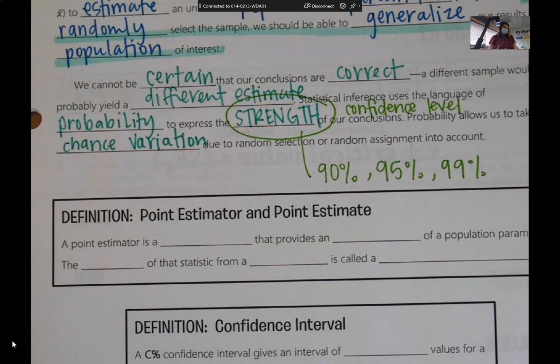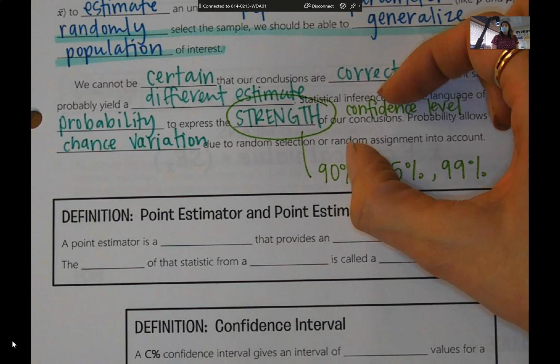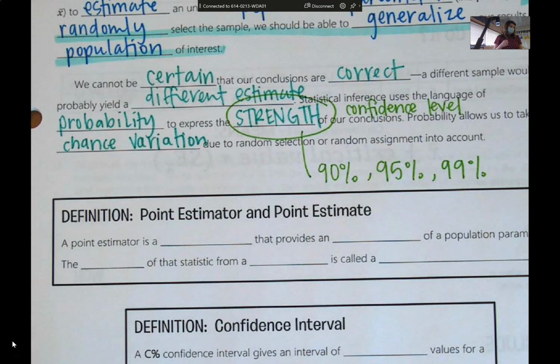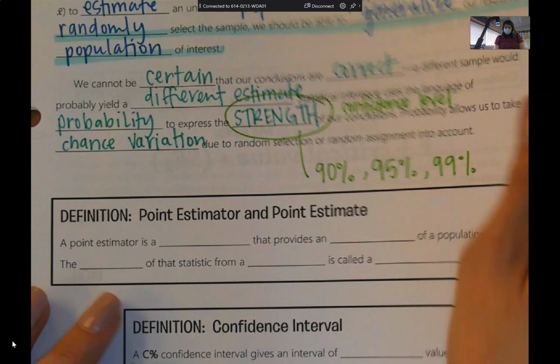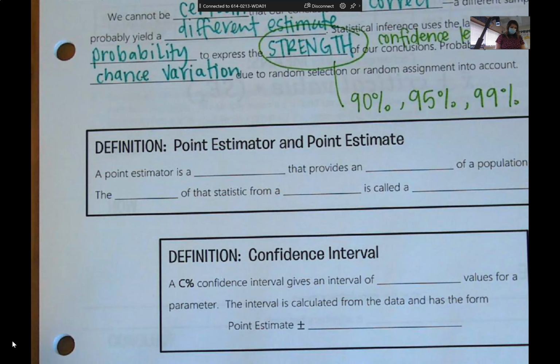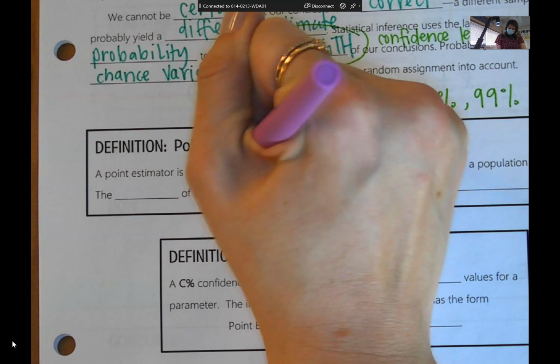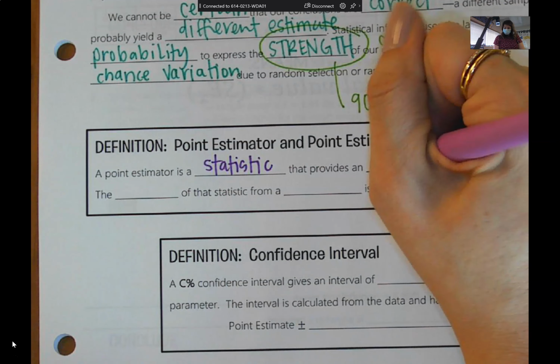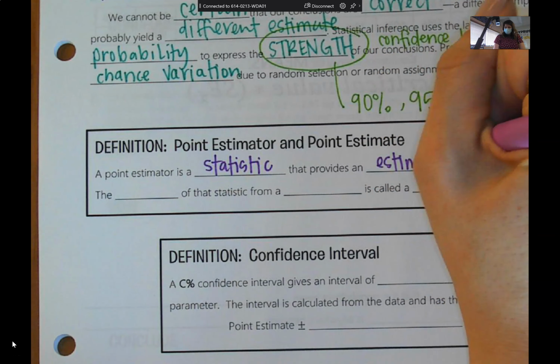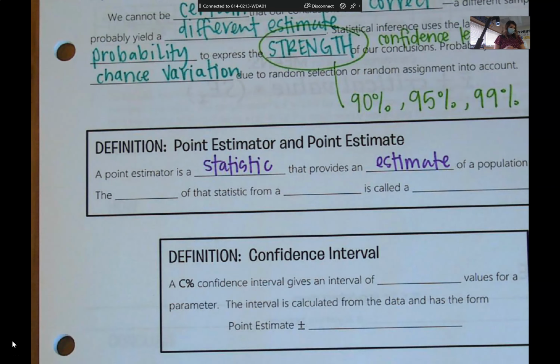In order to calculate a confidence interval, to start expressing the strength of our estimate, we need a couple of new vocabulary words. The first one is point estimate or point estimator. This is the statistic that provides an estimate of your population parameter.